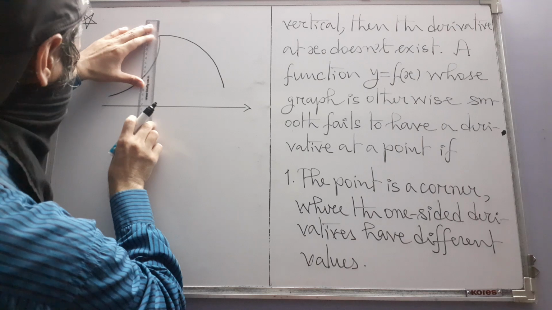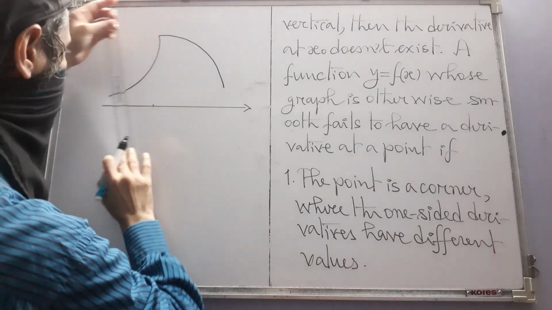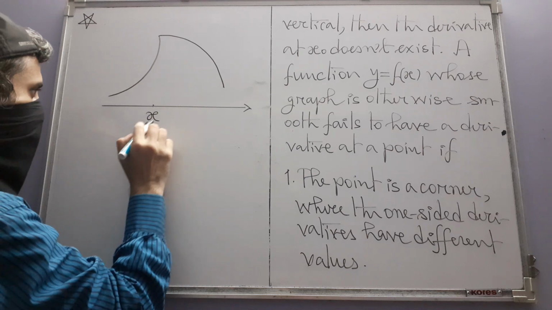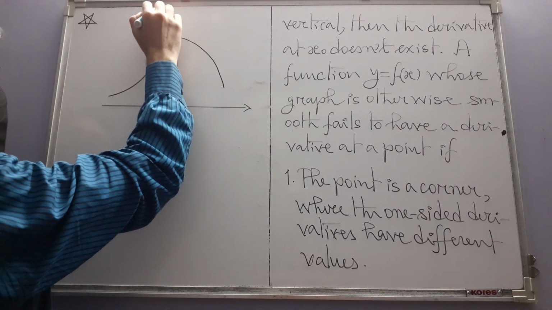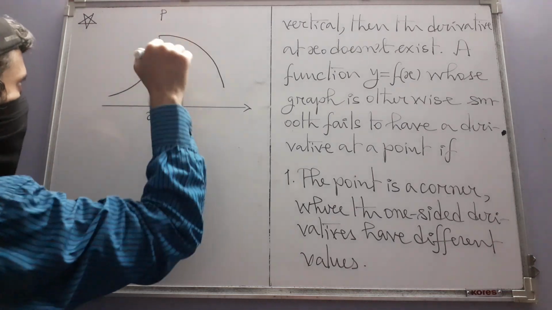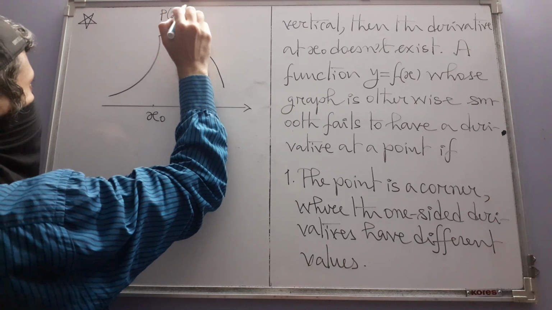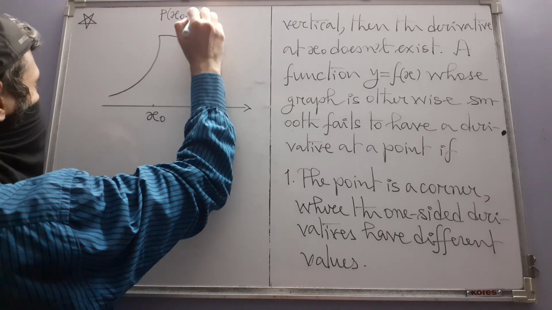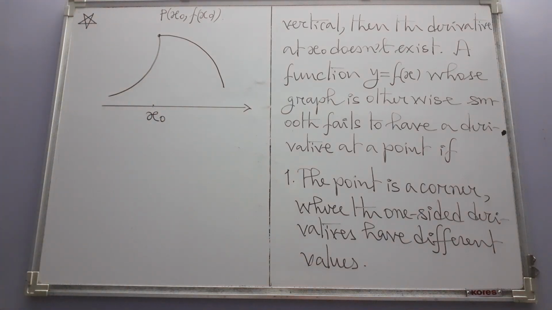So this is our point x0, this point. And that is the point P. Let me write P somewhat above this so that we can draw those lines. Okay, so this is actually the point P.